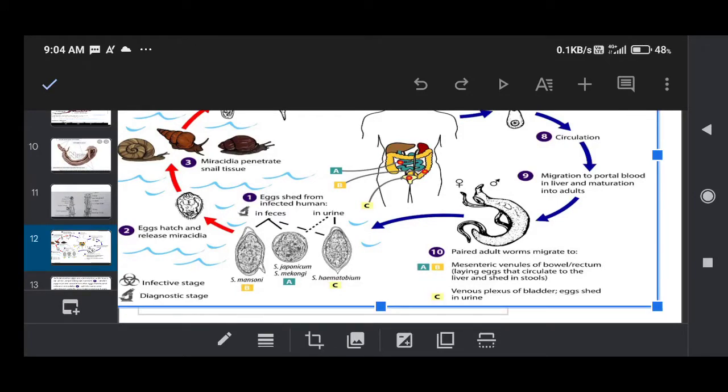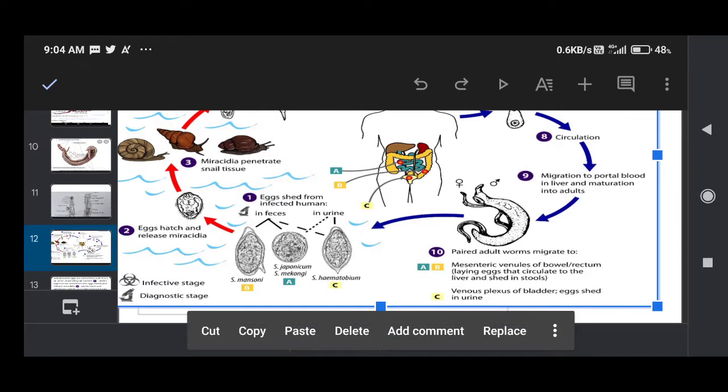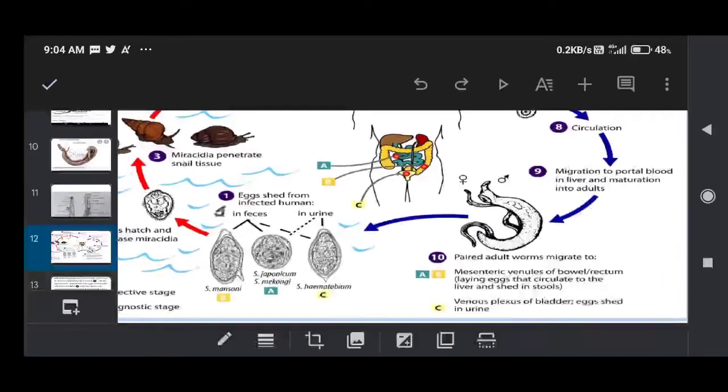The primary host is man, that is Homo sapiens. The secondary host is snail, that is Bulinus truncatus, Bulinus planorbis. A number of species are there as secondary hosts for Schistosoma haematobium.